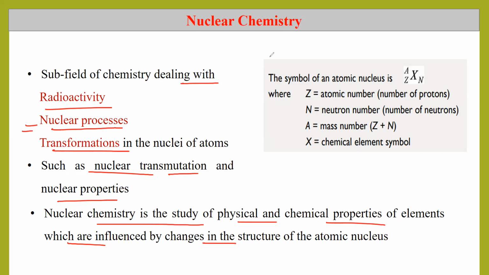For example, carbon has 6 protons, and suppose with a nuclear reaction we convert carbon into a species containing 7 protons, so it will turn into nitrogen. So that is the change in nucleus.